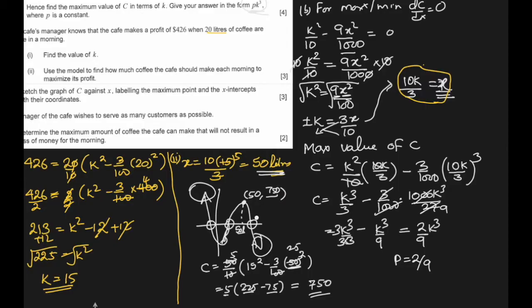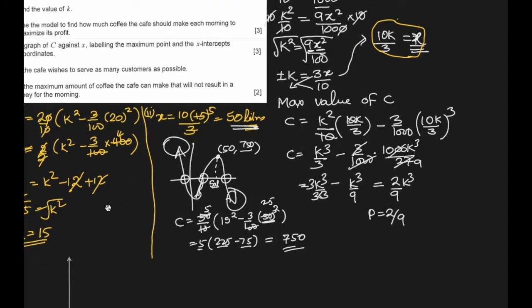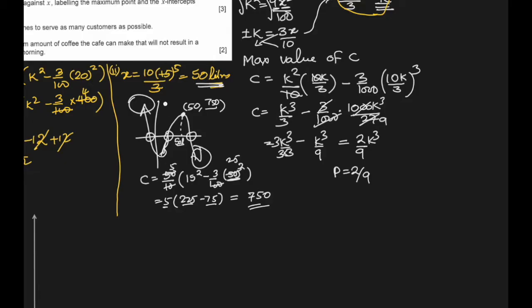Now we have to focus on the x-intercepts. This is the c axis, this is the x-axis. So c has to be 0 for finding the x-intercepts.